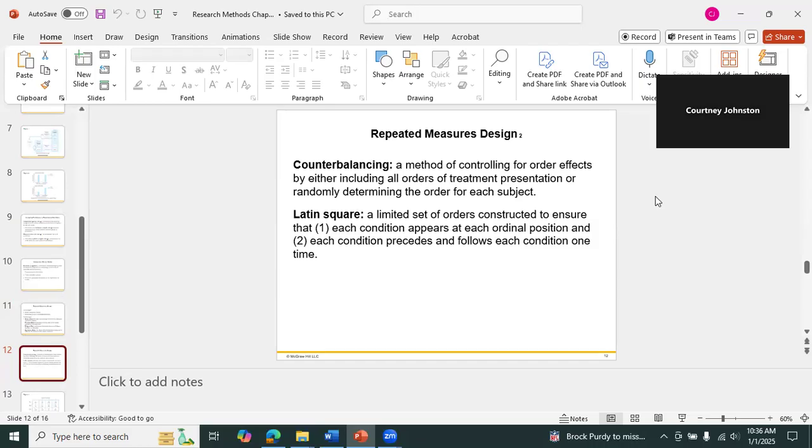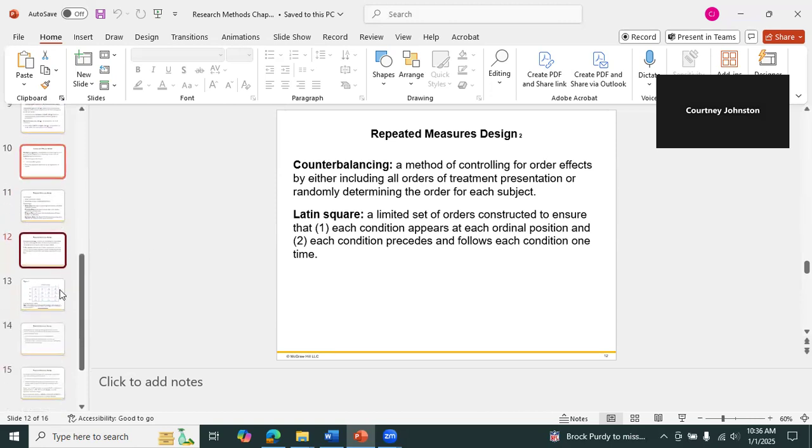That way, they experience both orders of conditions. There's also the Latin square. This is a limited set of orders constructed to ensure that each condition appears at each ordinal position, and each condition precedes and follows each condition one time. Again, making sure that every order is presented to participants.